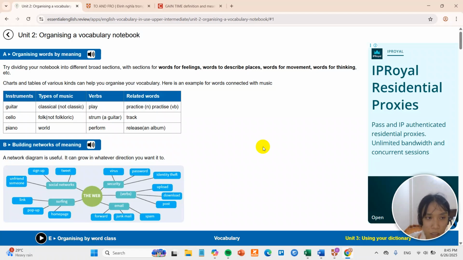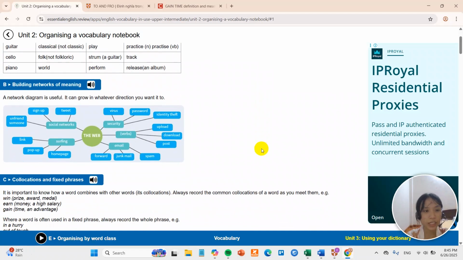Instruments: guitar, cello, piano. Types of music: folk, classical. World: verbs, play, perform, strum a guitar. Related words: track, release an album, or practice. Verb: practice, now.